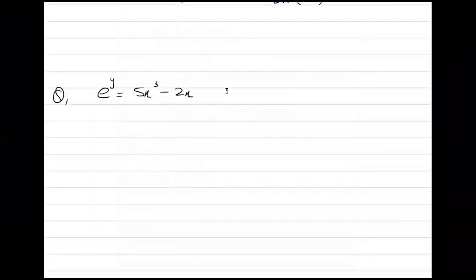Now, this was the question at hand, and you were asked to differentiate, find dy by dx. Now, e is raised to the power of y, and that is equal to 5x cubed minus 2x. In order to differentiate this, you will have to make y the subject first.